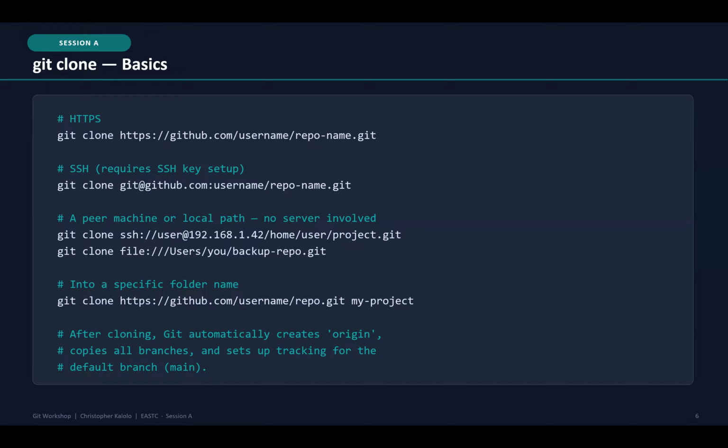But usually, in this context, we might want to see in detail the HTTPS protocol, or if we can use the SSH protocol. By SSH we mean secure shell. All these mechanisms are provided by GitHub.